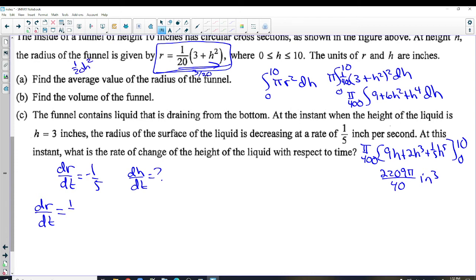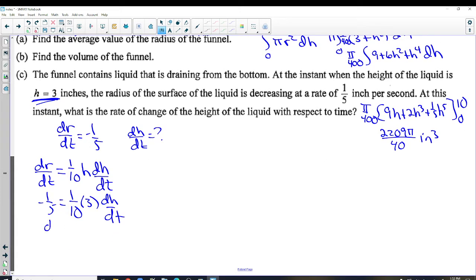So that's going to be 1/10 h dh/dt. So the derivative of that is 1/10 h, and then we're taking the derivative with respect to t. So we need that dh/dt. We know dr/dt, and we have the 1/10 when h is 3. So 3, and we're trying to find dh/dt.